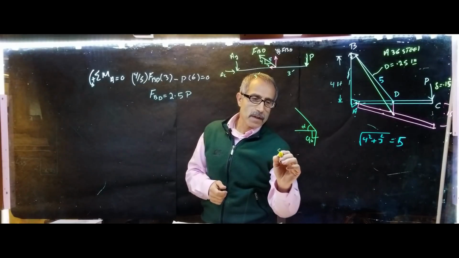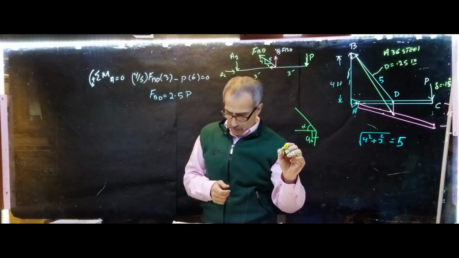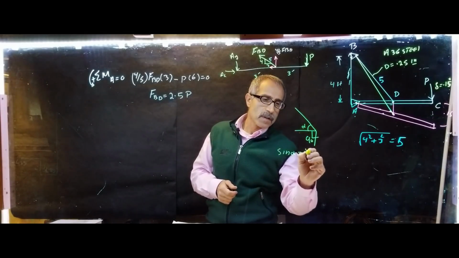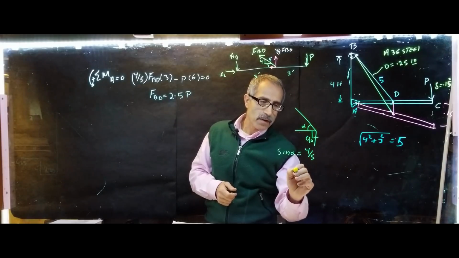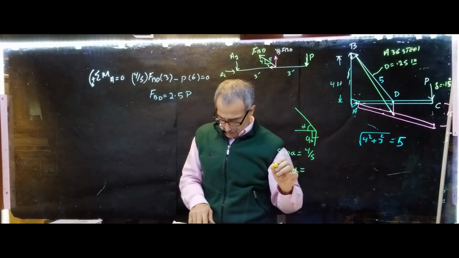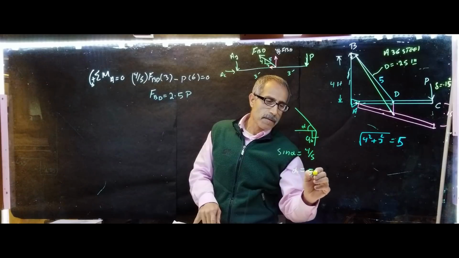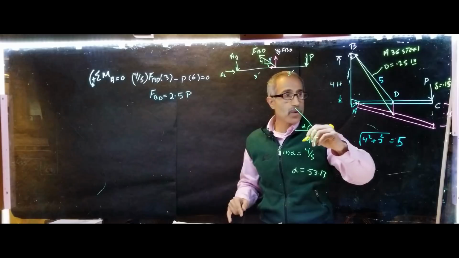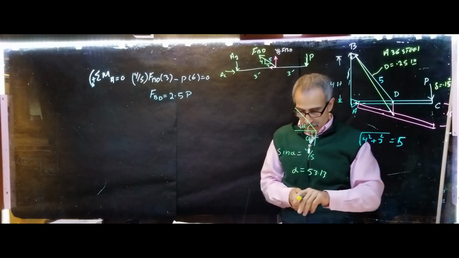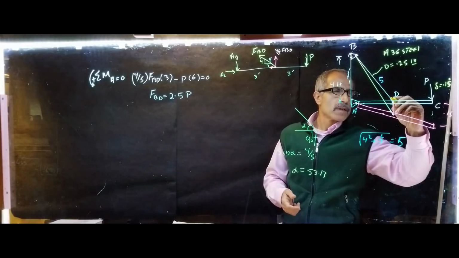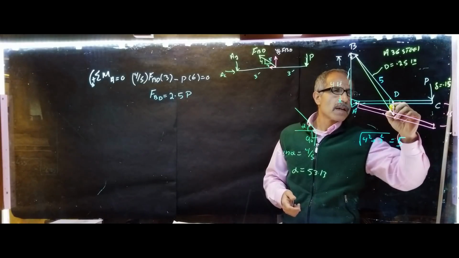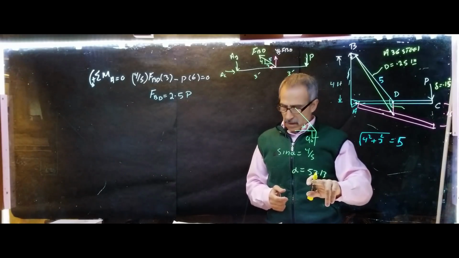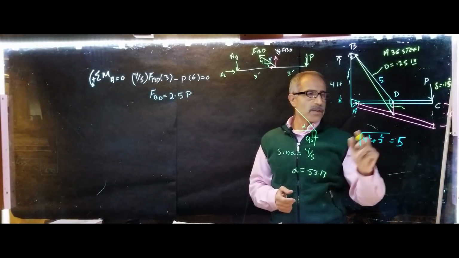If you call this alpha, sine alpha comes out to 4/5, so alpha comes out to 53.13 degrees. Therefore the total angle is 90 plus 53, which makes it 143.13.